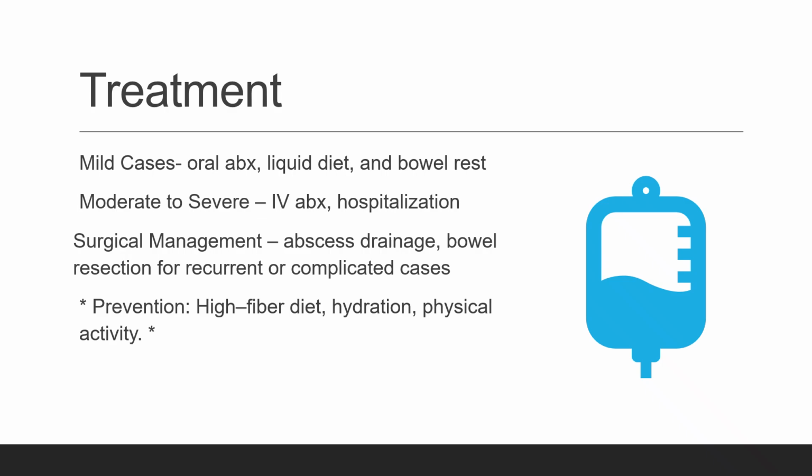In complicated or recurring cases, surgical interventions such as abscess drainage or partial bowel resections may be necessary. Prevention strategies are vital. These include following a high fiber diet, maintaining adequate hydration, and engaging in regular physical activity. These approaches help to reduce the risk of recurrence and complications.